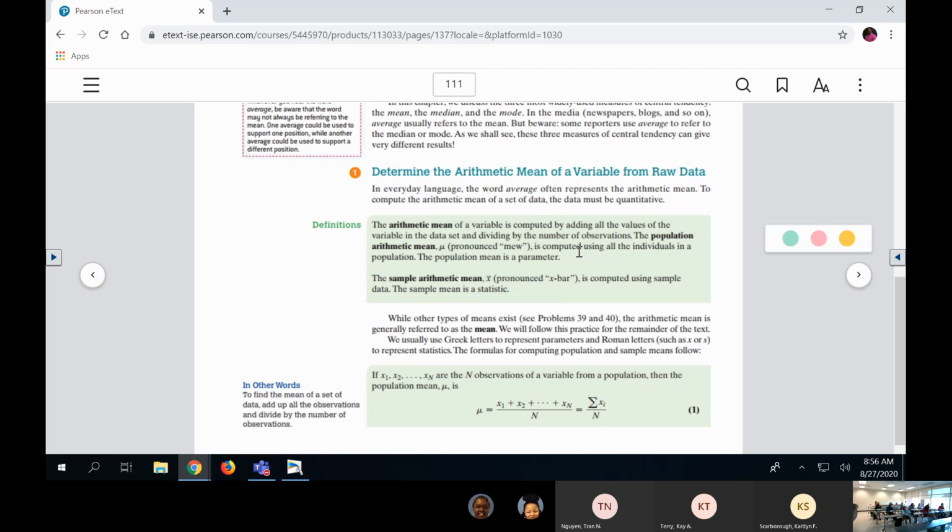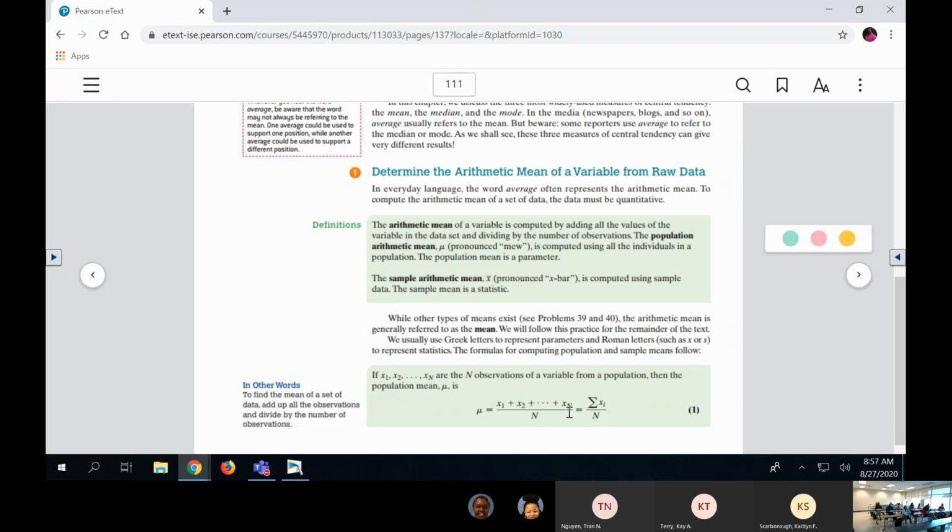The average makes that line possible for your 4 test grades. So if you add those 4 test grades up and divide, that is the number that would make your test grades uniform. The arithmetic mean of a variable is computed by adding the values, blah, blah, blah. It doesn't tell you what the actual definition is. The definition of the mean is the number that makes the data uniform.